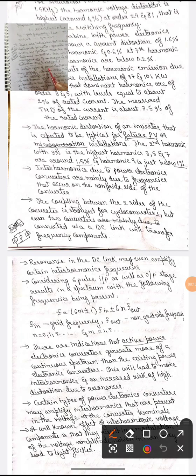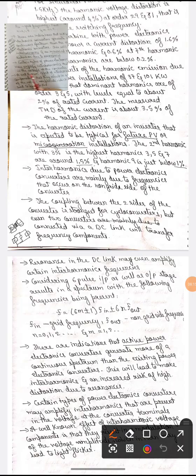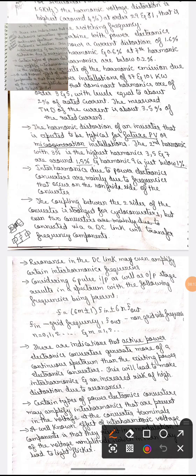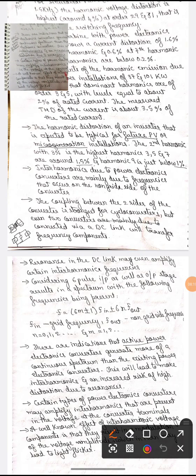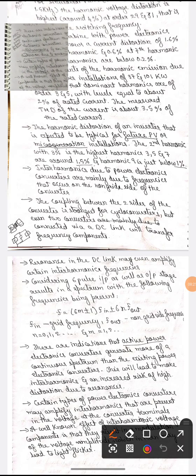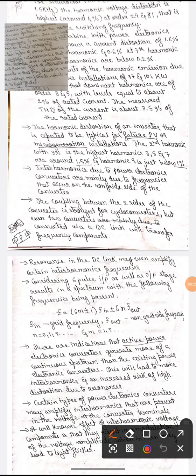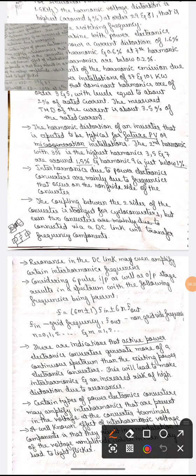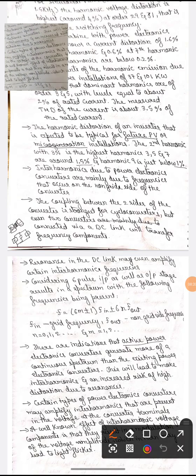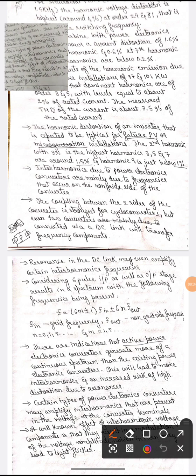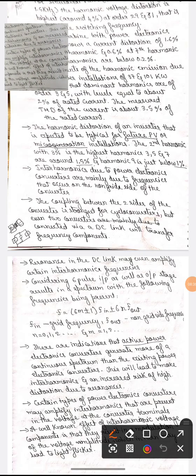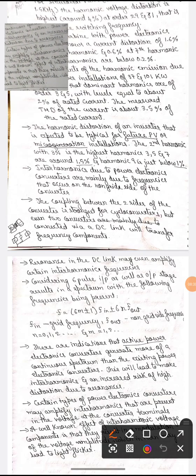Certain types of power electronic converters may amplify interharmonics that are present in the voltage at the converter terminals. We already came to know that the DC link may amplify certain interharmonics.